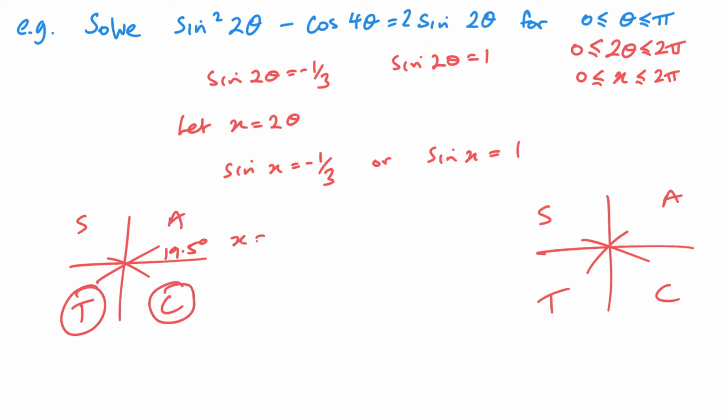So my values of x are going to be 180 plus that 19.5, and then over here, 360 minus 19.5.